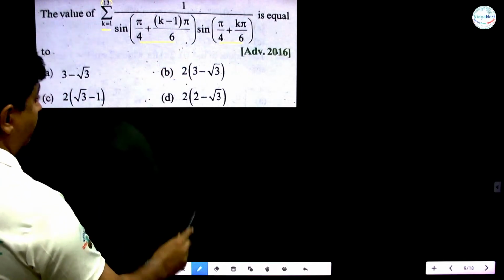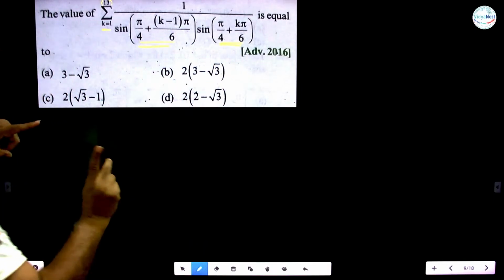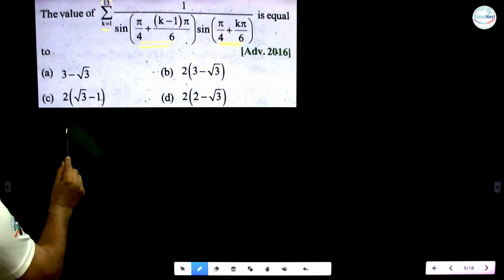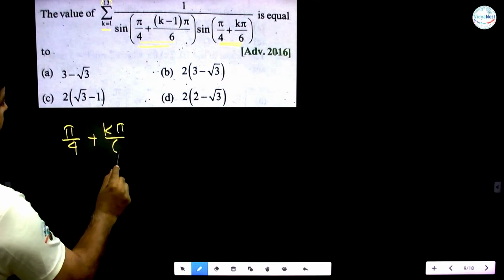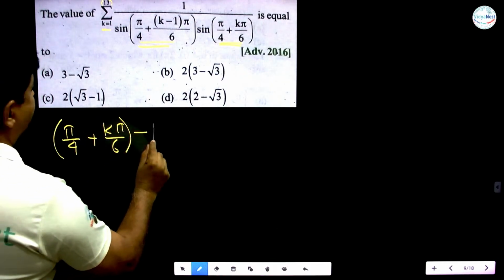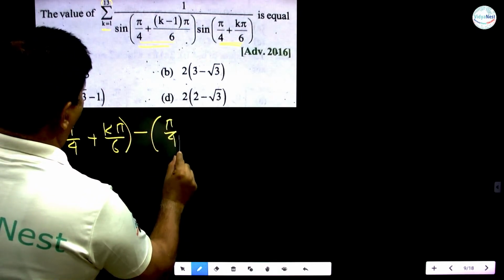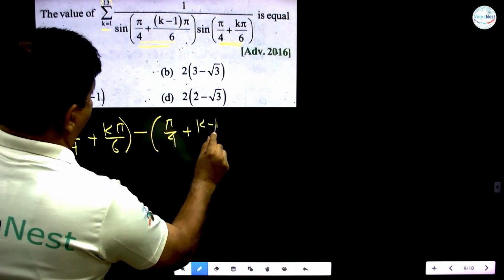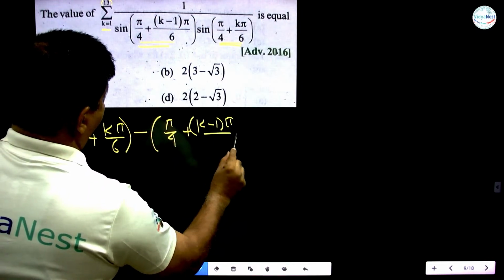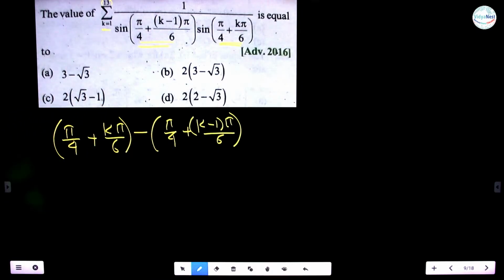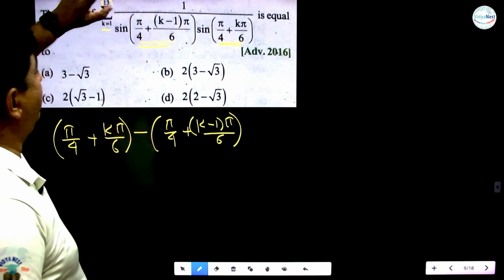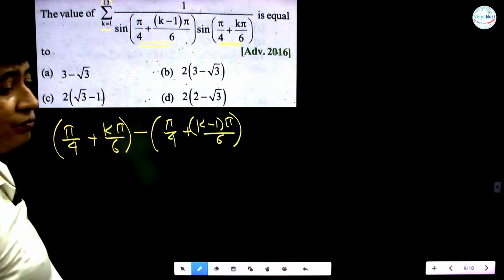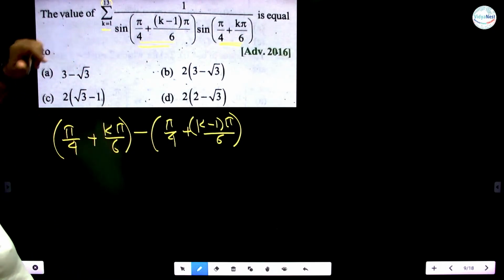See, let's follow the trick. See, one angle is this, another angle is this. Let us find the difference. Pi by 4 plus k pi by 6 minus pi by 4 plus, so that is the difference between the two angles of two sine ratio of the given sum.